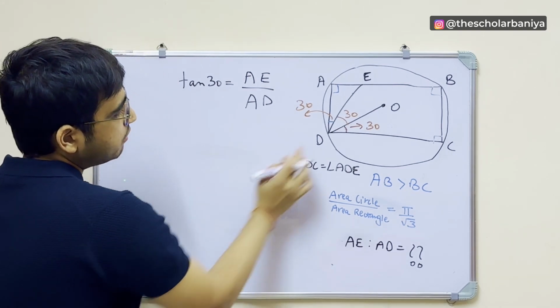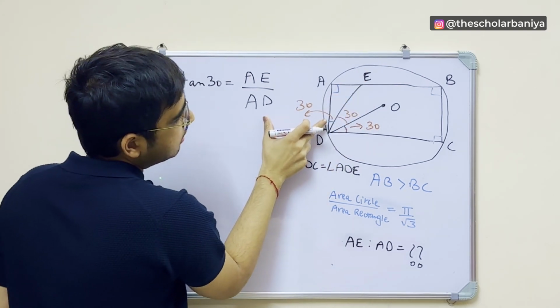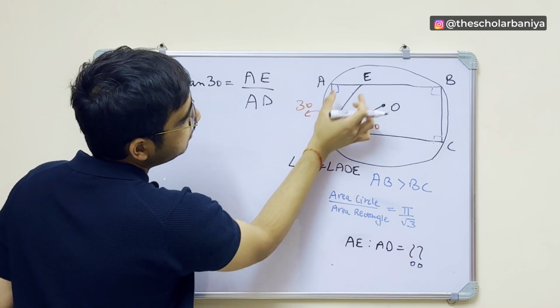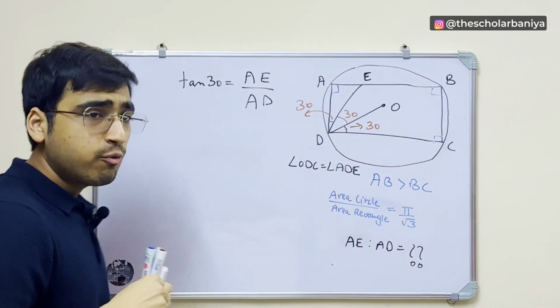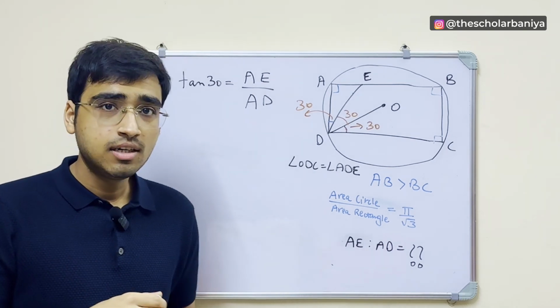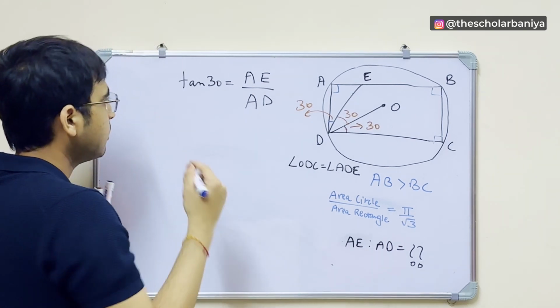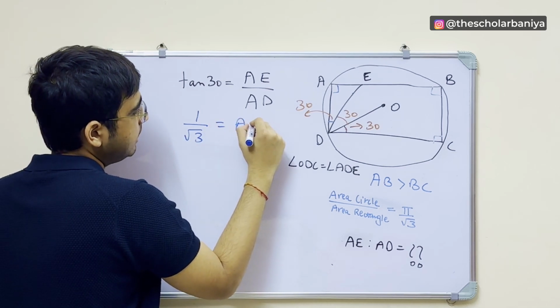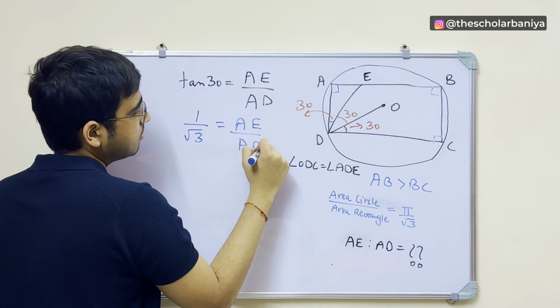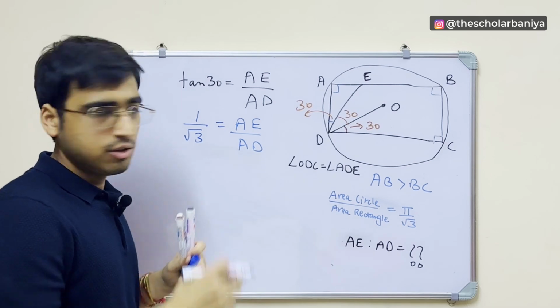Okay. So if you see in this triangle, 30 degrees here. So tan 30 will be this upon this, right? So AE upon AD. And what is tan 30? Tan 30 is 1 upon root 3, right? So tan 30, which is 1 upon root 3, is equal to AE upon AD. If you don't know the value of tan 30, you should learn it.